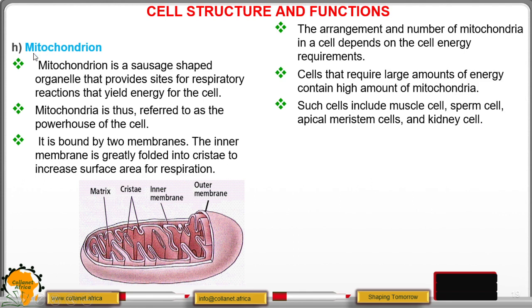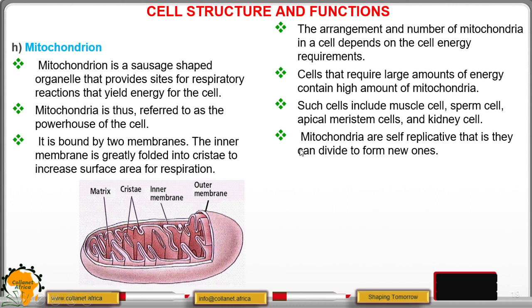So you can see here it is mitochondrion because we are talking about one. When there are many, they are called mitochondria. Mitochondria are self-replicative, that is, they can divide to form new ones.